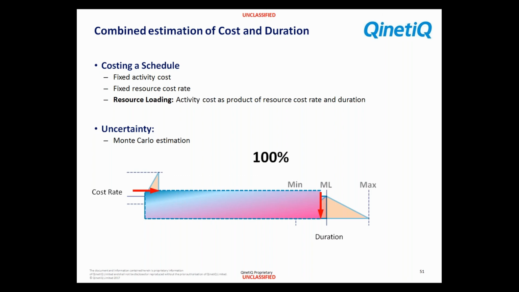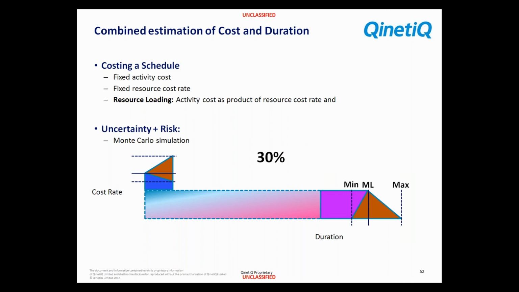Now we can also look then at risk in a similar way. So we've got our baseline estimate and we understand for this first iteration what that might cost. If we consider then a risk which has a 30% chance of actually occurring, it's going to occur 300 out of 1,000 times. We throw the dice. Then again, we can consider that there may be a duration extension and there may well be a cost extension because that risk has occurred.